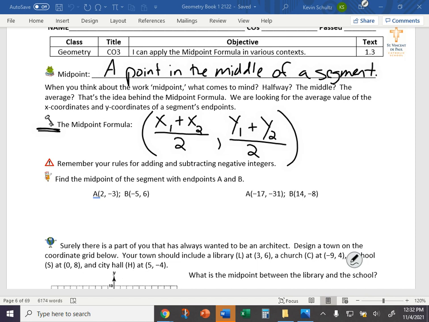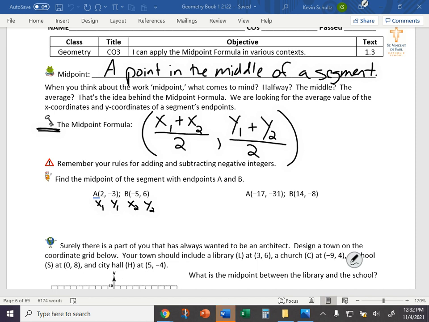Anyway, so find the midpoint of the segment with endpoints A and B. We care about these endpoints, and we label them kind of like we did with slope, right? When we had that slope formula, we had x1 and y1 and x2 and y2, okay? Only we're using them in a different way.